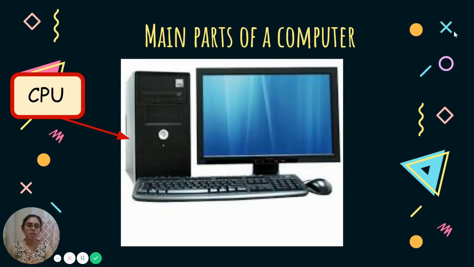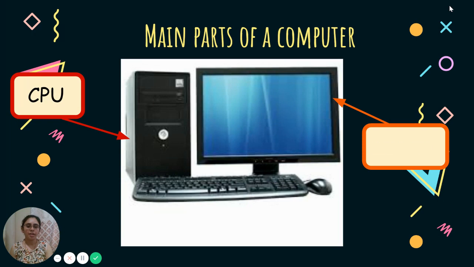This means CPU controls monitor, keyboard and mouse, and if we are adding some additional parts to a computer, they are also controlled by the CPU. So in short, we can say all parts must be connected to CPU in order for them to work. Now let us see the next part.